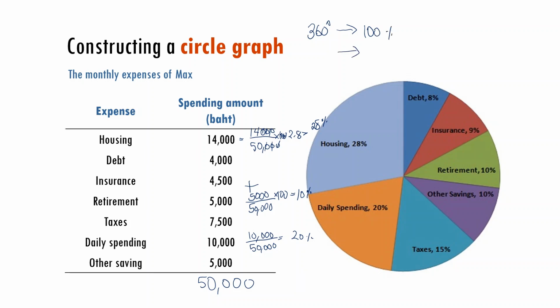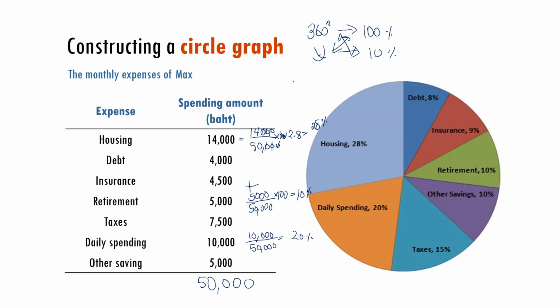If you have 10%, for example, how many degrees is it going to be? Let's say y degrees. To find y, we use cross multiplication.